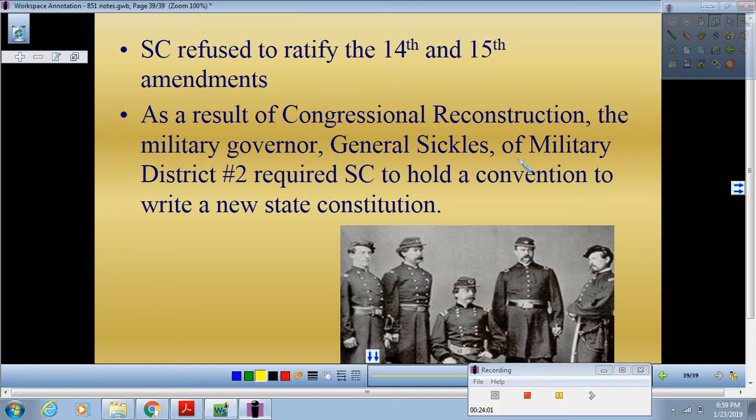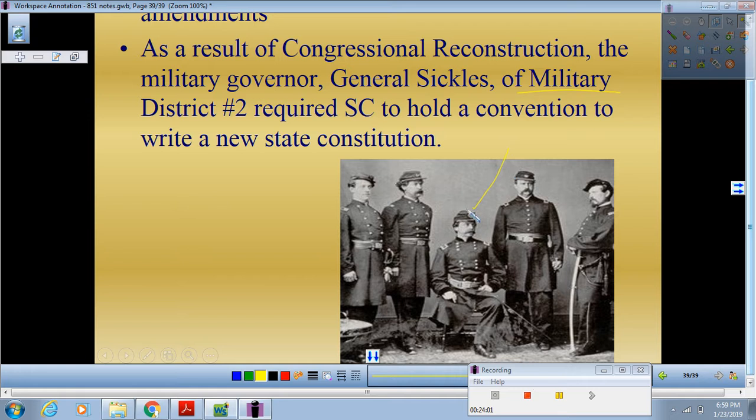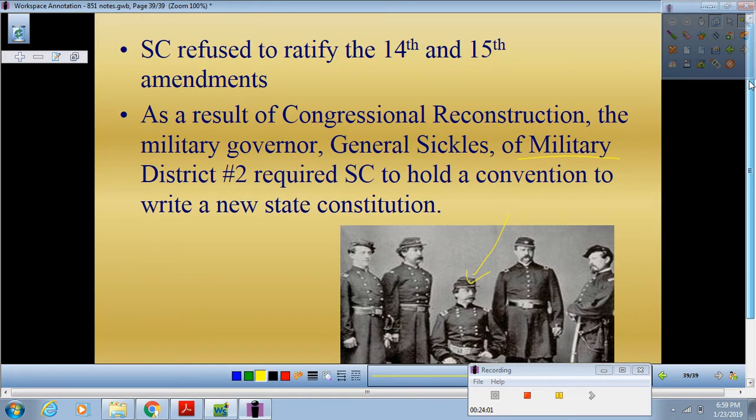And here is the military governor, General Sickles, who was South Carolina's military governor. And part of Congressional Reconstruction, not a plan, but it occurred, was South Carolina refused to recognize the 14th and 15th Amendments, so they were forced to hold a convention and write a new state constitution. This occurred in 1868, and it was South Carolina's constitution for a while.